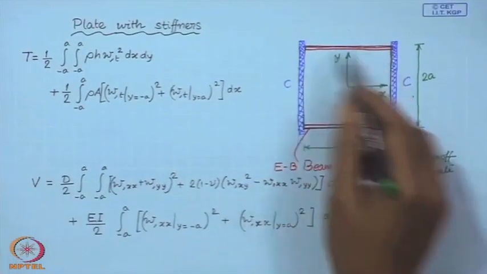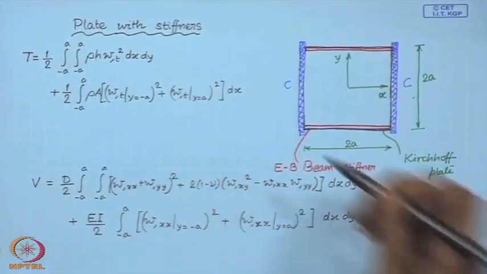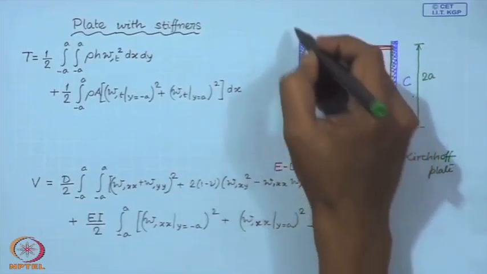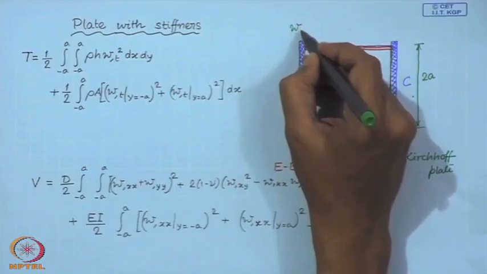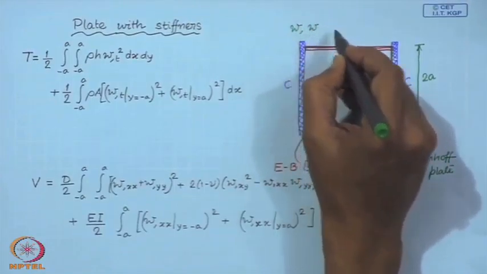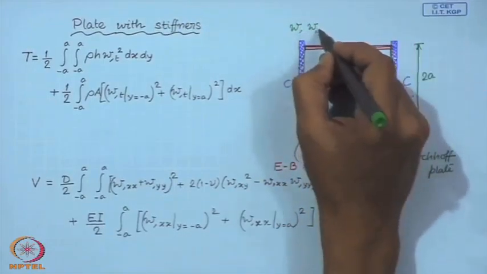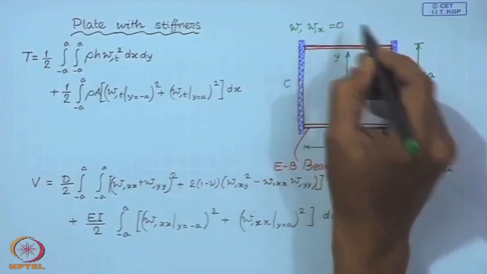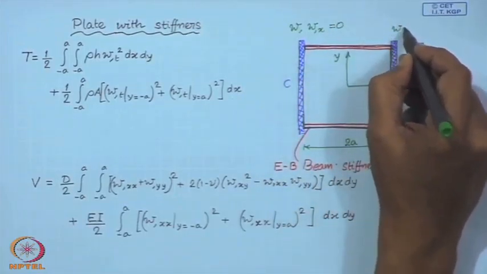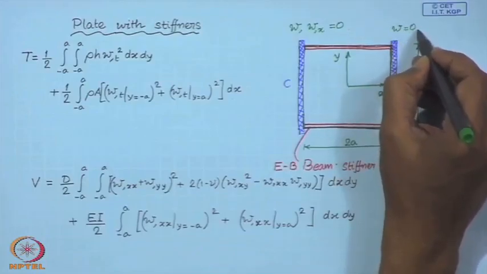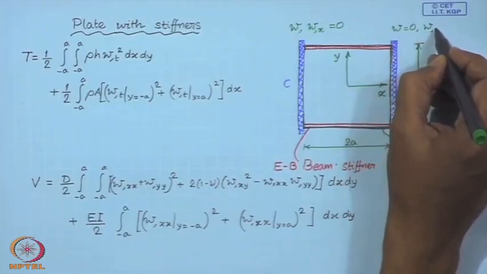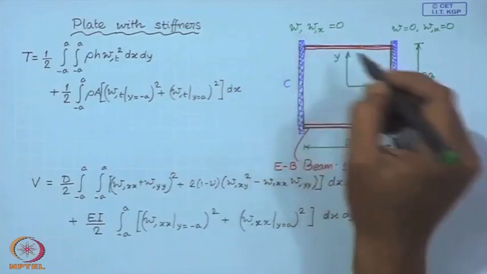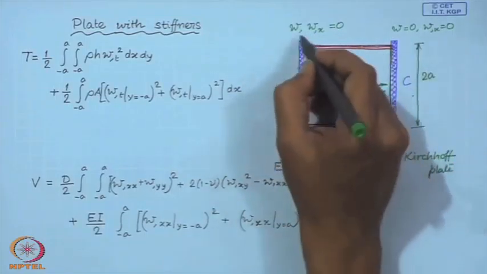In this problem we have the geometric boundary conditions only on these two edges, where the displacement and the slope are 0.